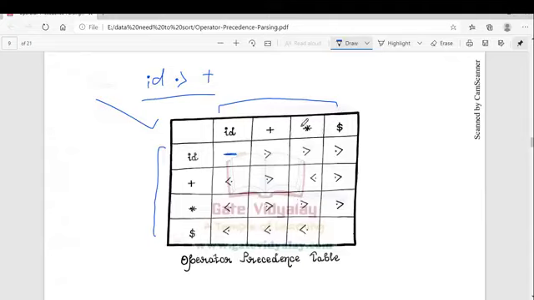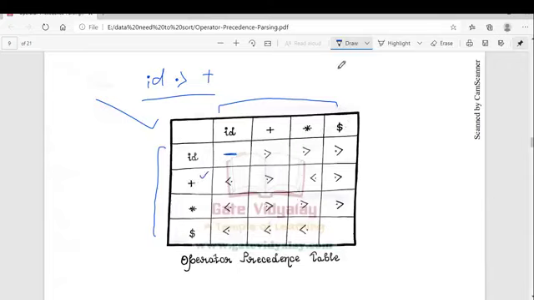Now id and multiplication. As we know, id has the highest precedence, so id has higher precedence over multiplication. Third, id has higher precedence over dollar sign, as we know dollar sign always has the lowest precedence. Now, secondly, plus and id.